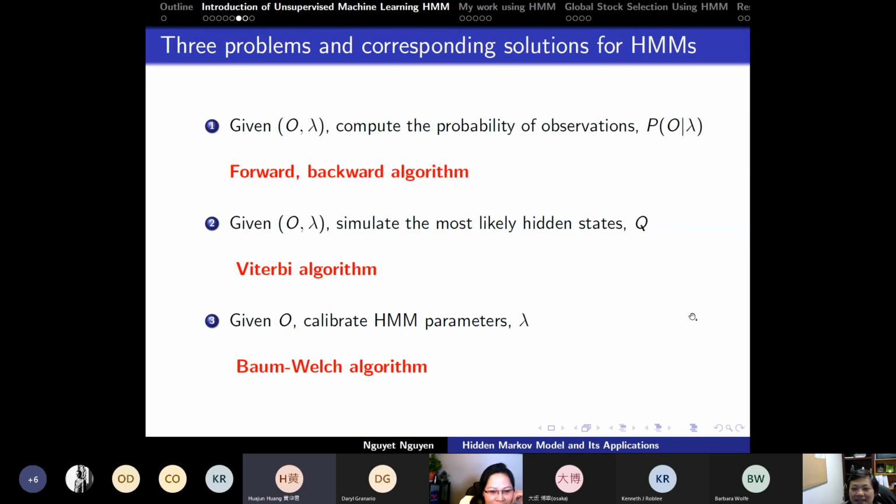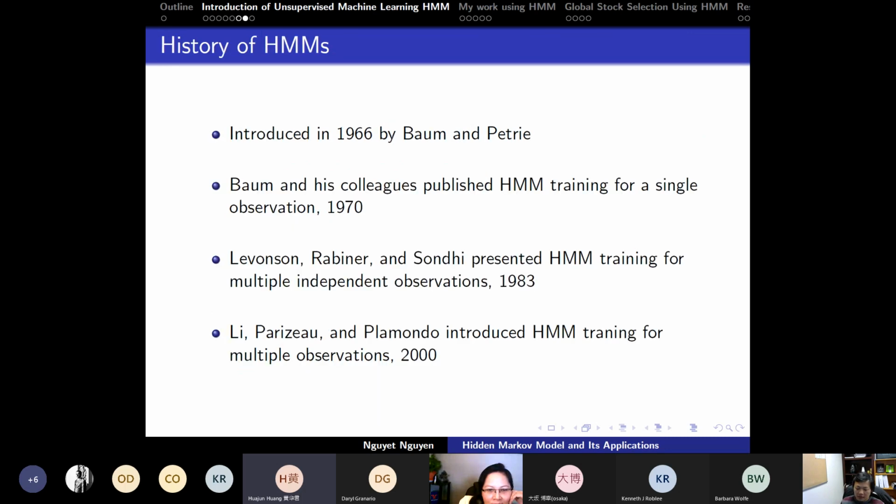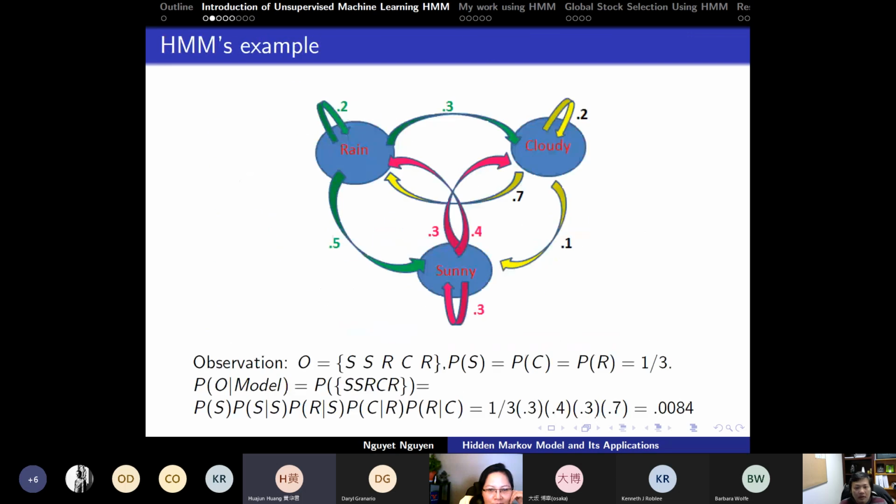May I ask a question? Yes, please. Okay, could you please turn to the weather model you presented at the beginning? Yes, this model. I have a general question about model building, like which factors you are able to use in the model. For example, in this weather model, we assume we are just looking at the matrix of transition probability from sunny to cloudy and so on.